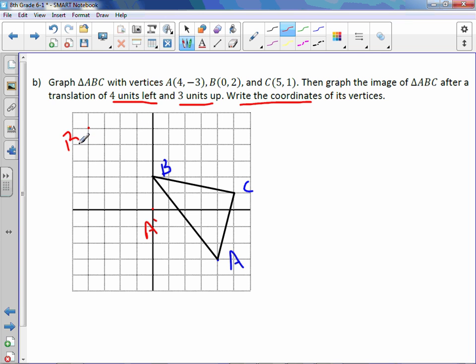This is B prime. And C, 4 left, 1, 2, 3, 4, and 3 up. It's okay if your shapes overlap. Draw your triangle.